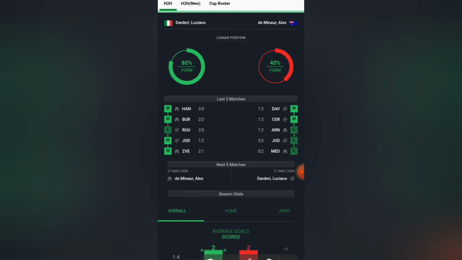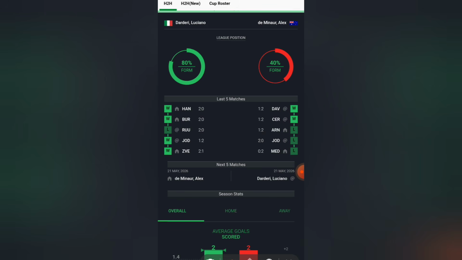At least you should have 1.70 or 1.60 and above for a particular player, and maybe for the other player you're having 1.9, 2.0 and above.